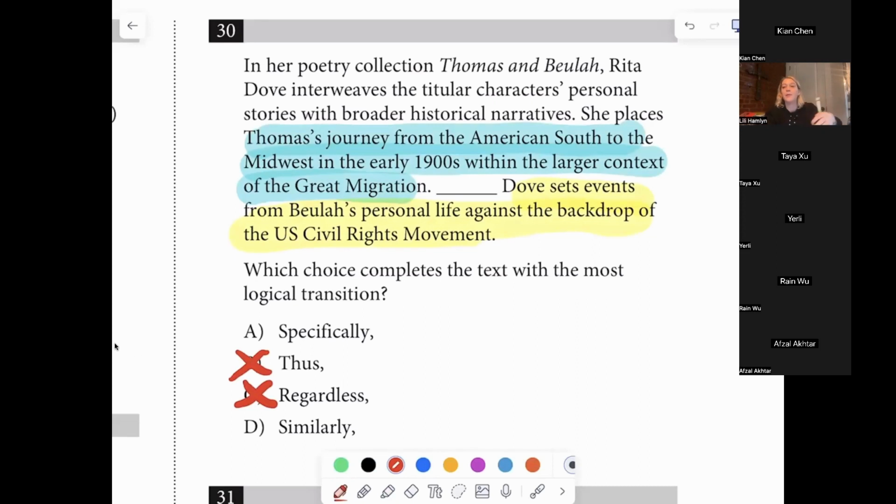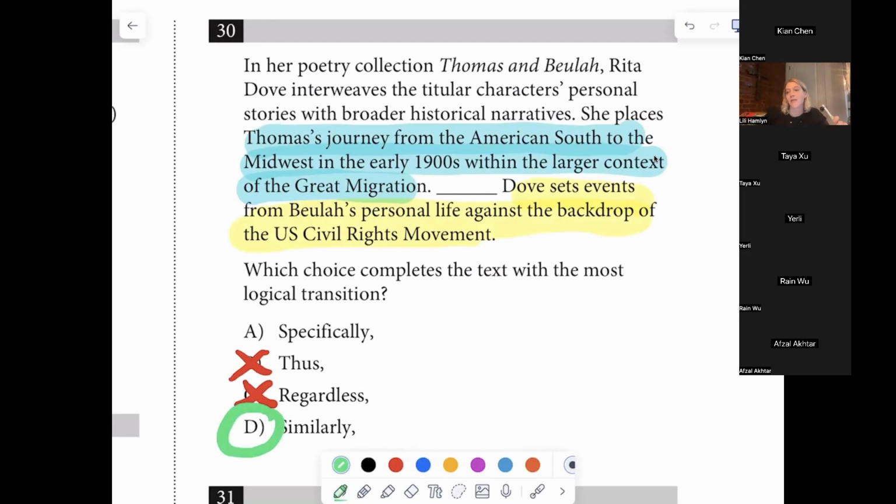Specifically would work if we said something like Rita Dove places characters against historical backdrops, then we could say specifically her character so and so. But because it's between these two characters, what's happening here is it's different history, but it's a similar artistic thing. So the answer here is D.